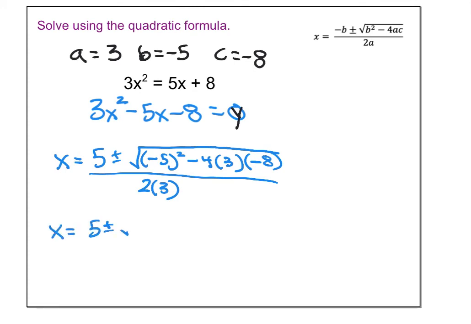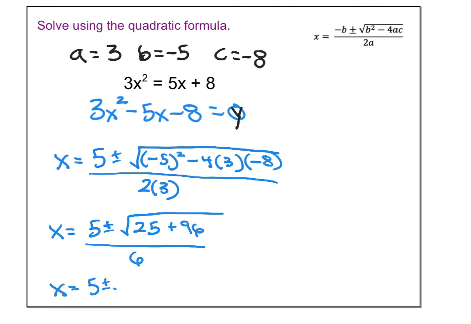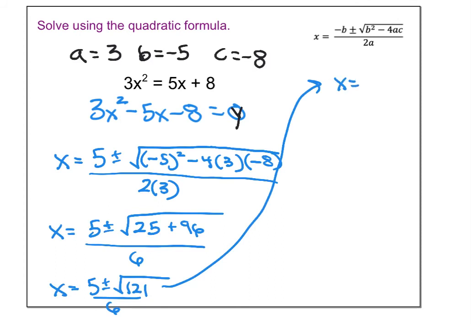Now to do some work simplifying. 5 plus or minus the square root of 121 all over 6. So that gives me a nice x equals 5 plus or minus 11 over 6.